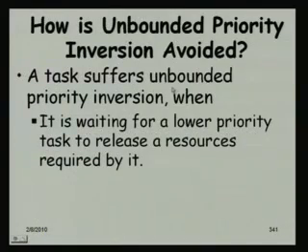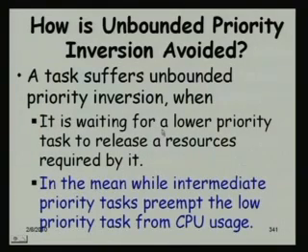Now, what about unbounded priority inversion? A task could suffer unbounded priority inversion when it is waiting for a lower priority task to release the resource, and the intermediate priority task is preempting that task from the CPU, and the higher priority task keeps on waiting.